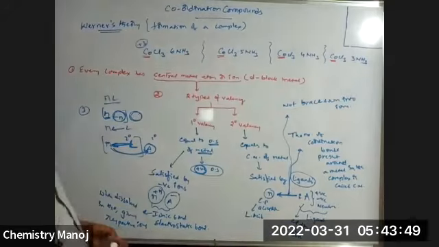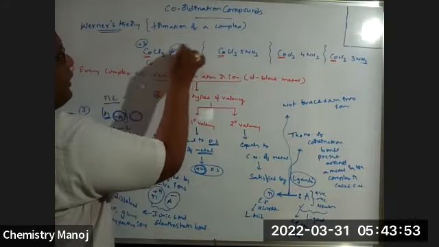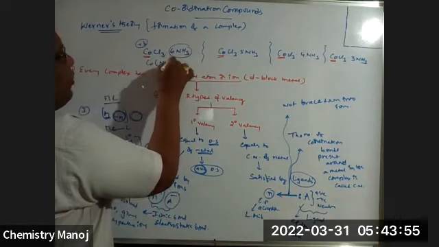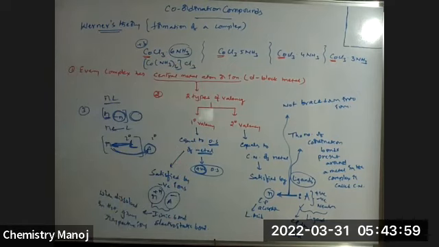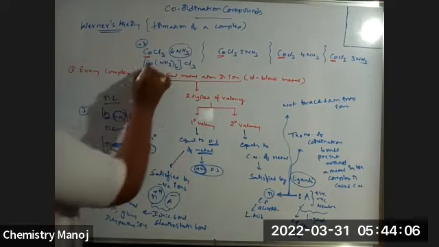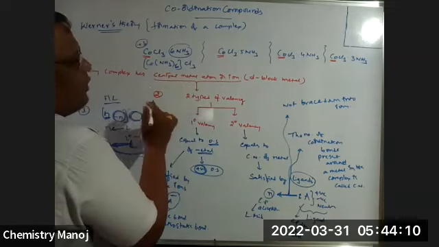See here. Here is the metal. These 6 ammonias are bonded with coordinate covalent bonds, and 3 chlorines are outside. Now how many primary valency, how many secondary valency? Each ammonia gives 1 coordinate covalent bond, so 6 ammonia give 6 coordinate covalent bonds.